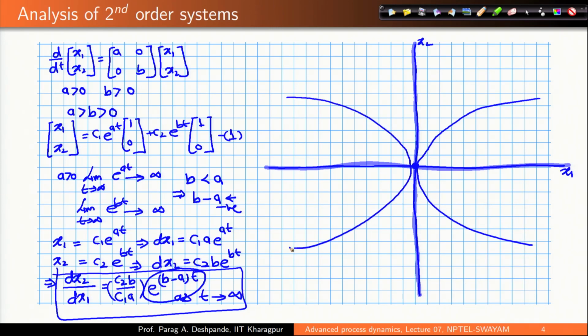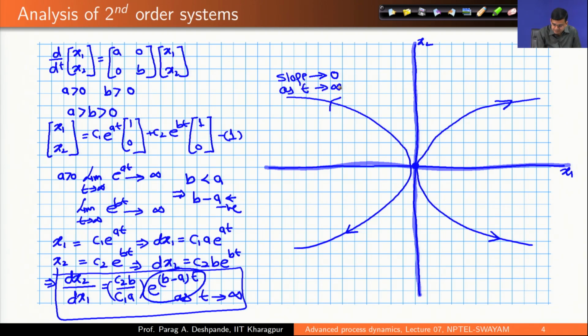If these are two curves on the phase plane, and I draw the direction of arrows like this, then what is going to happen? The direction of the arrow gives me the direction of time and the slope is tending to 0 here as t tends to infinity. In every case.